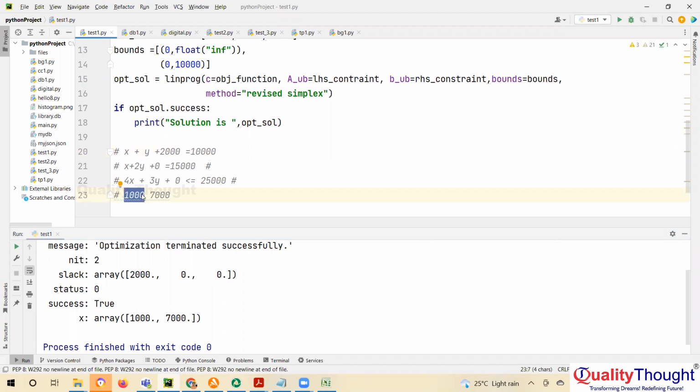In optimization, you'll have minimization, maximization, traveling salesman problem, CPM, transportation. Those are your simplex applications. With that we finish our SciPy. SciPy is an advanced level of NumPy, and this is a good example to solve.